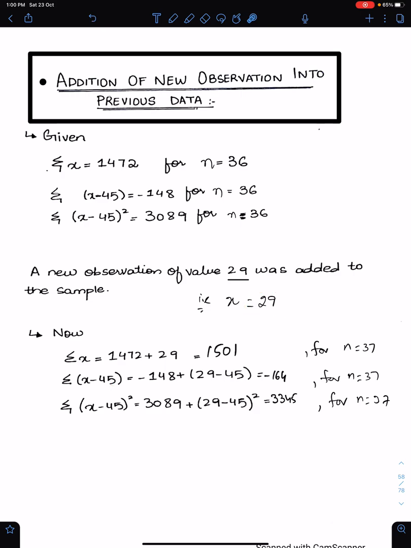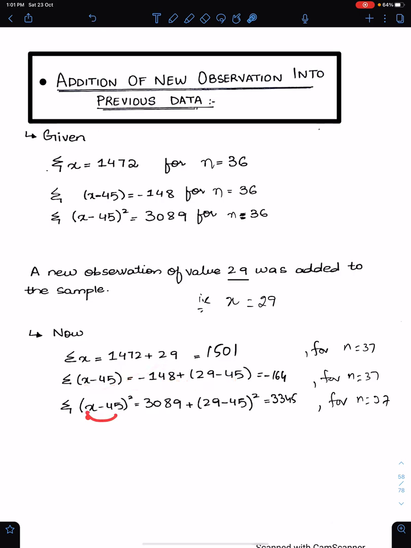We need to write 29 minus 45 here, and then we can add this result into this result, and we'll get minus 164. So you cannot directly add 29 here as you did there, because here we had x and here we have x minus 45. So do it this way, 29 minus 45, and then add this into this result.